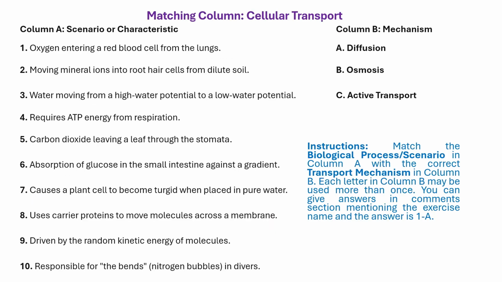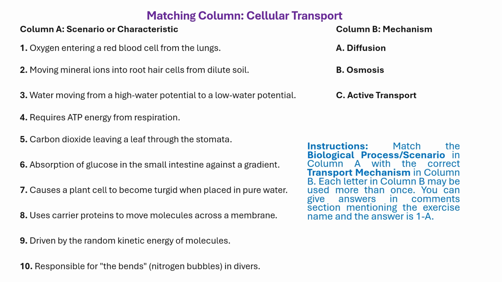Next one is the matching column session. You will match the biological processes mentioned in column A with column B, that is the mechanisms: A, diffusion, B, osmosis, or C, active transport.